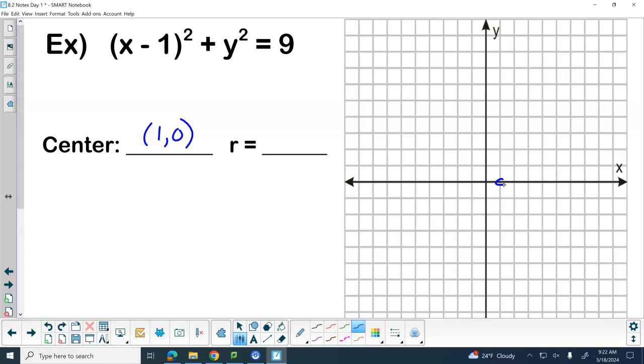What did we come up with for a radius? 3, which means I can go 1, 2, 3 to the left, 3 up, 3 down, 3 to the right. It's not the prettiest. Okay, good.